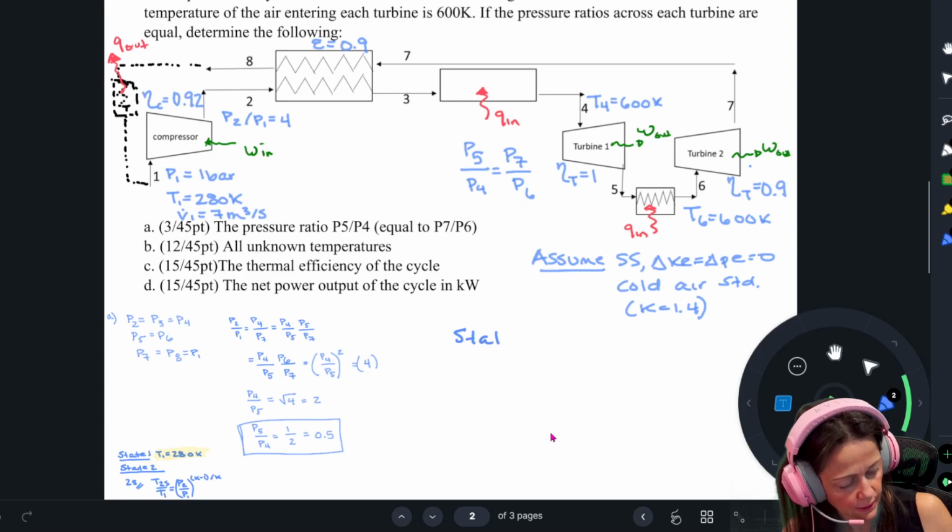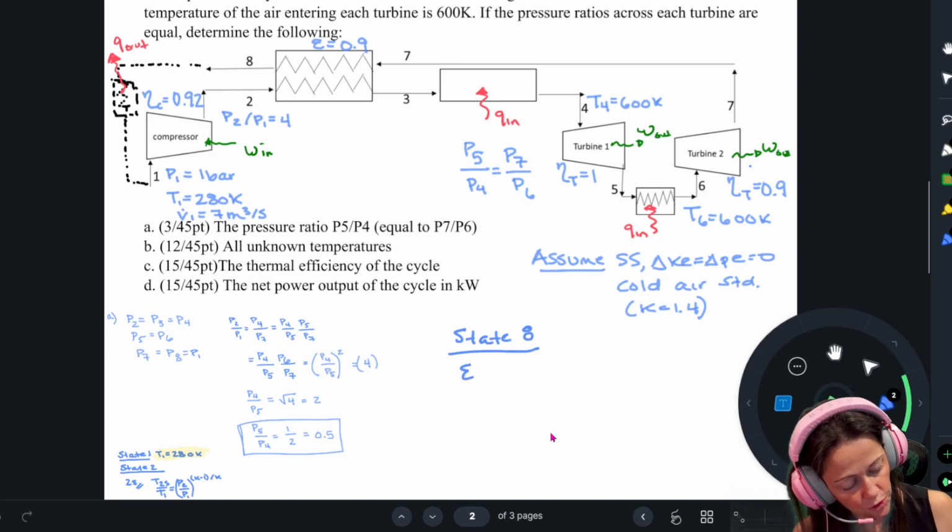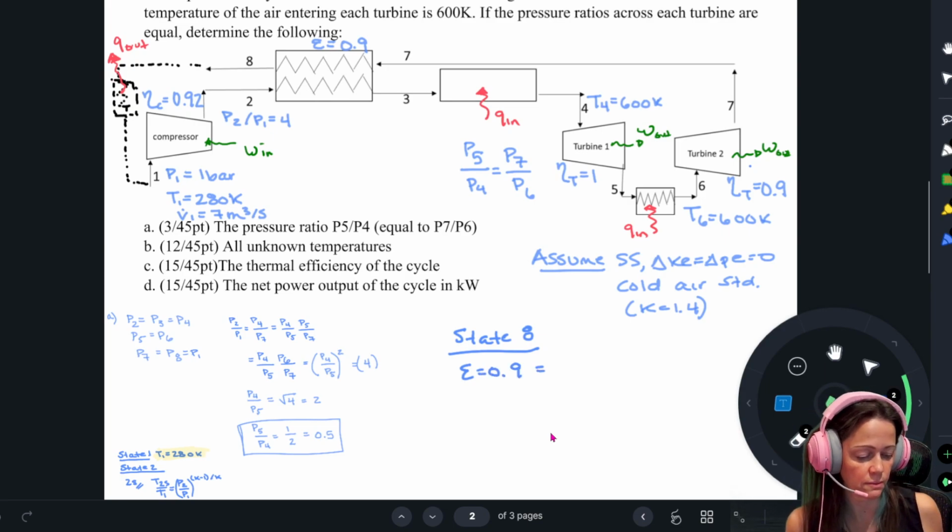So state 8. You have two options here. You could have used your regenerator effectiveness equation.